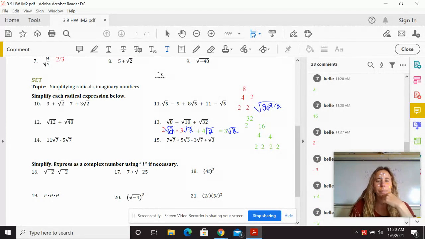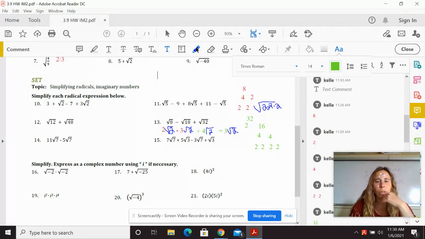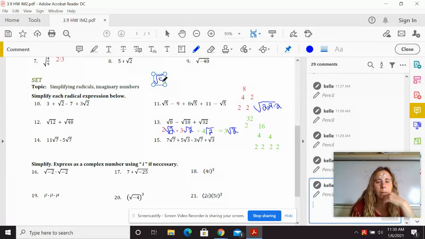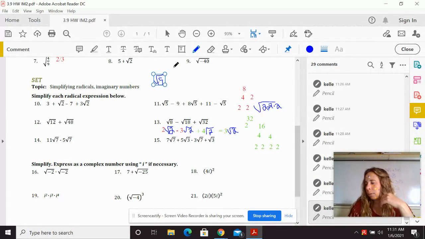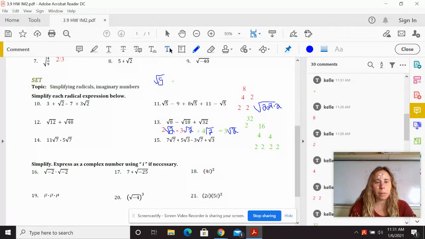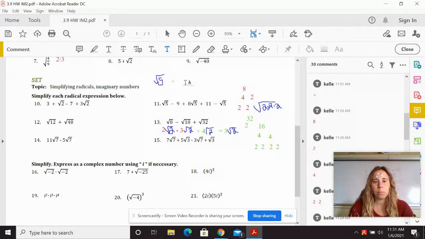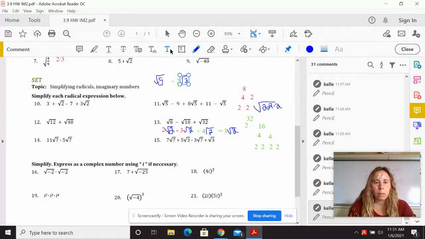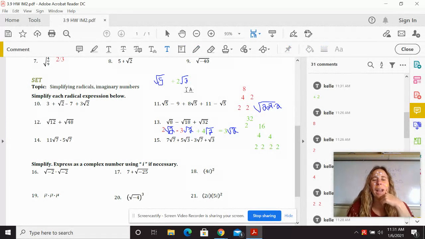So like if you had the square root of 5 plus 2 times the square root of 3, you cannot add these together unless you change them into a decimal, which we are not doing.